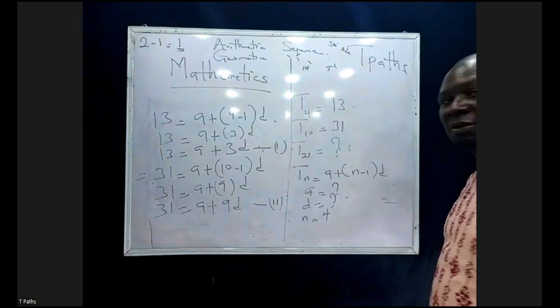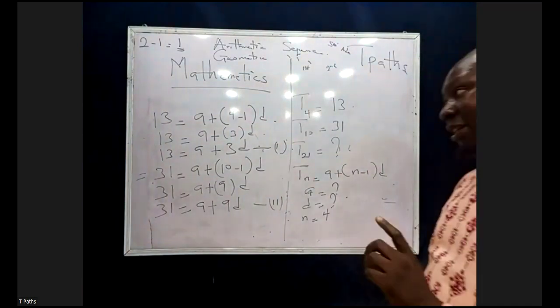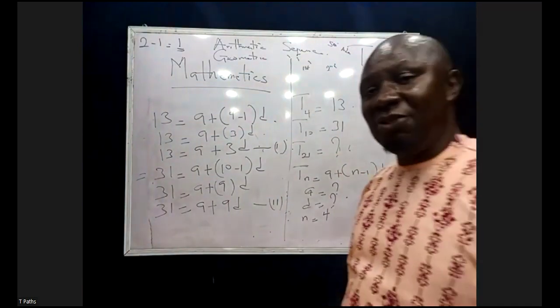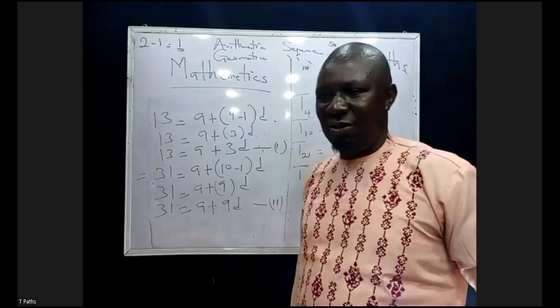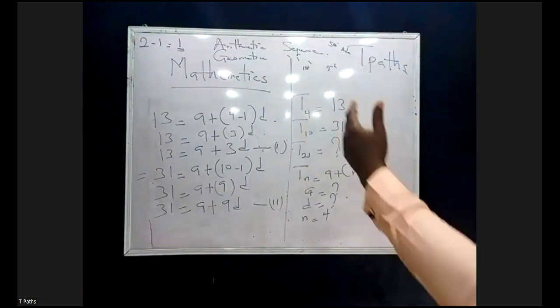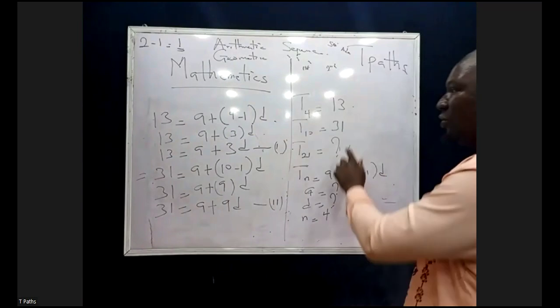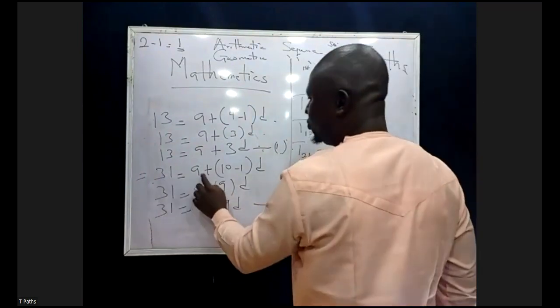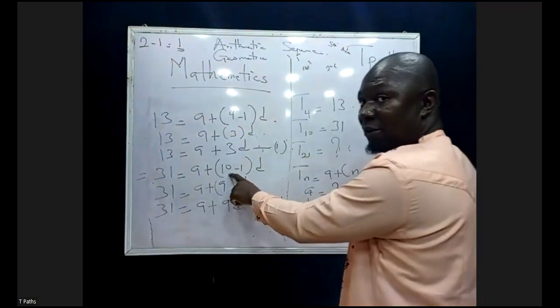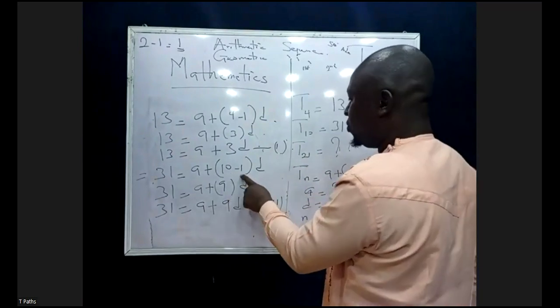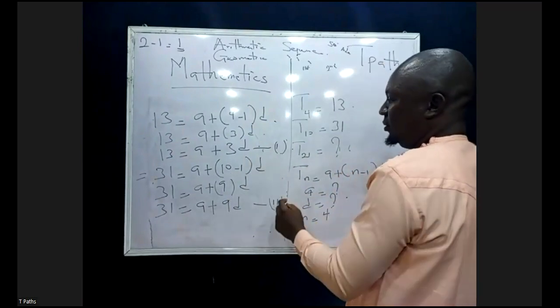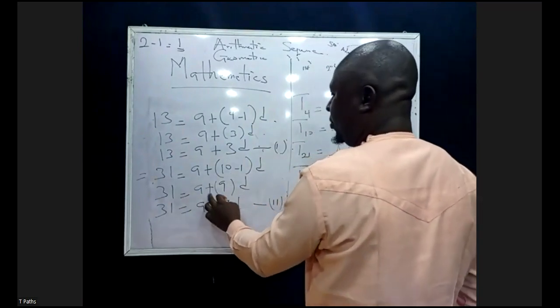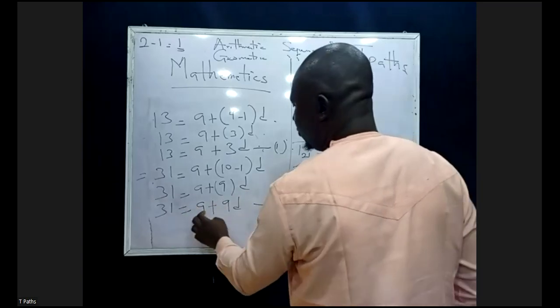That's equation 1. When you see a question like this, you know that it's going to lead to simultaneous equations. That's why sometimes you have to learn to be solving more questions. But now, the second one is T10, which is equal to 31. We have 31 equals A plus 10 minus 1, D. Therefore, we have 31 equals A plus 9D.